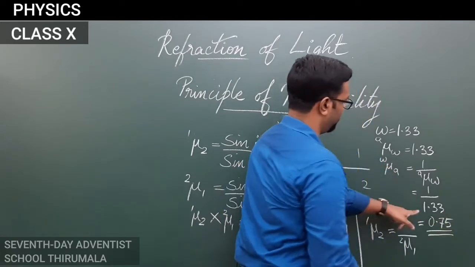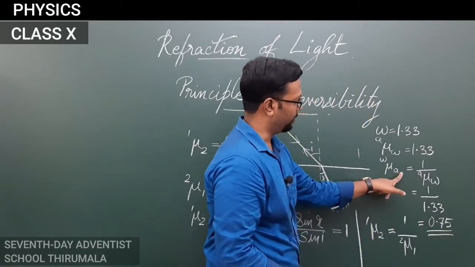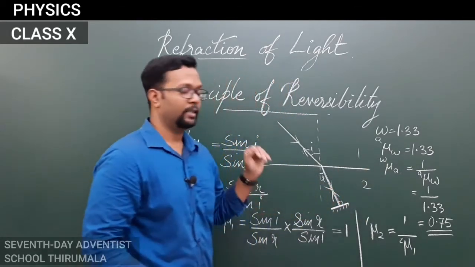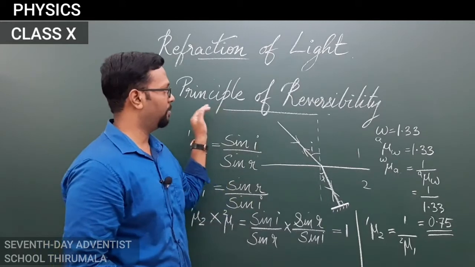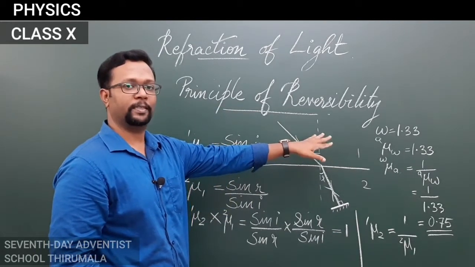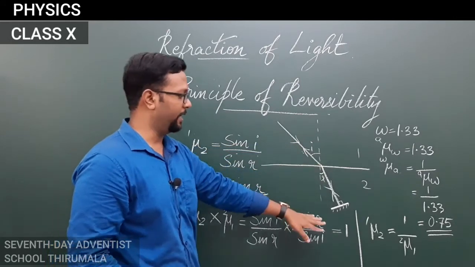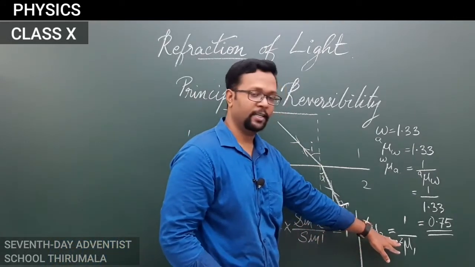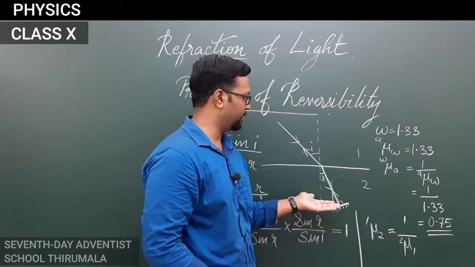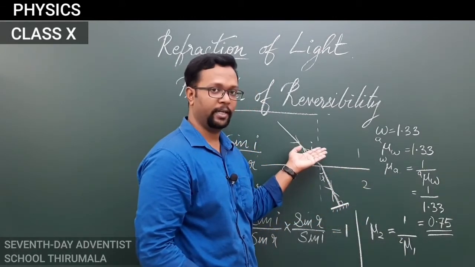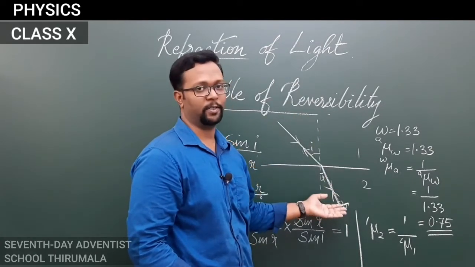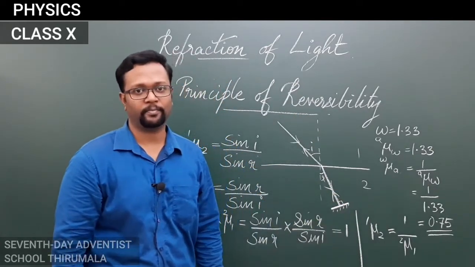This is the refractive index of air with respect to water. So that is how the principle of reversibility of light is important for us, because the principle of reversibility of light helps us to find the refractive index of the mediums in both directions. If you know the refractive index of one medium with respect to another medium, then you can find the refractive index of the first medium with respect to the second medium.